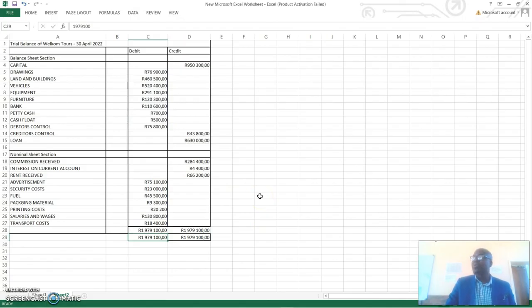Boom, you got it. Now you can see that 1,979,100 is the total of the debit side and also the total of the credit side. So that is your trial balance.